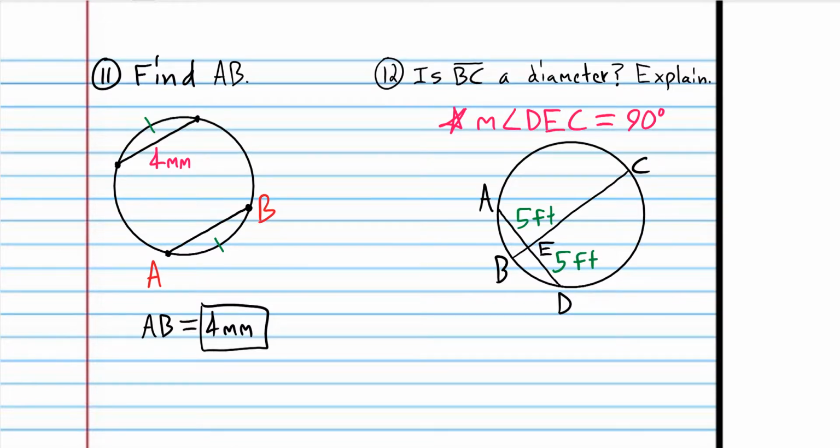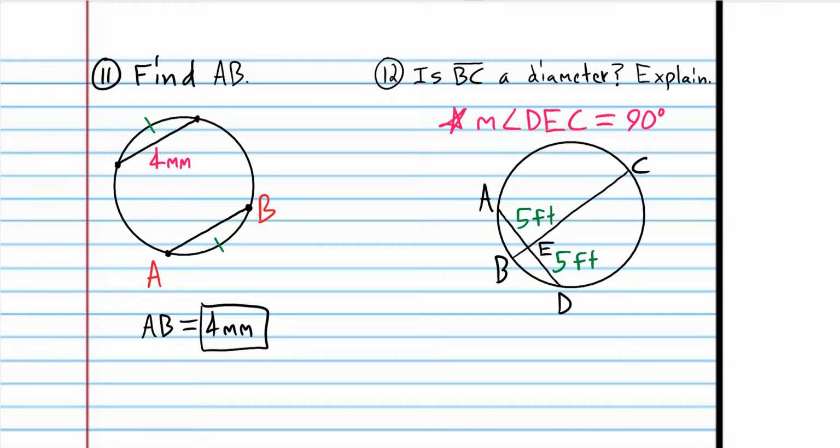All right, we're back. In this problem, we're going to have to use the chord perpendicular bisector theorem. It says if a chord in a circle is a perpendicular bisector of another chord, so this chord, if that's a perpendicular bisector of this chord, then the first chord must be a diameter of the circle, this chord here.